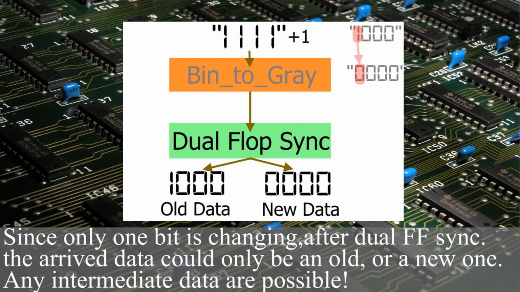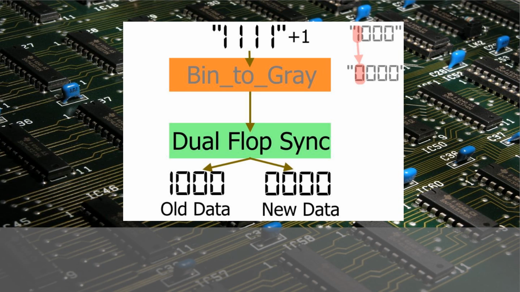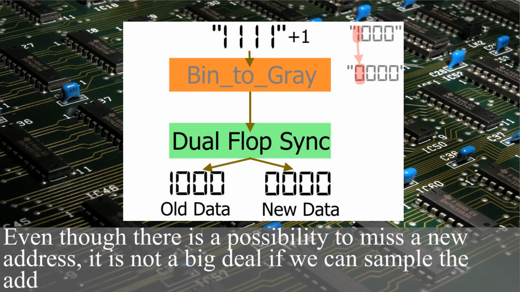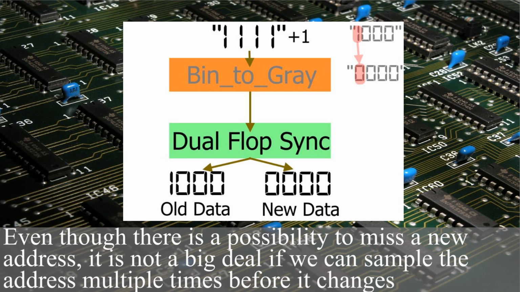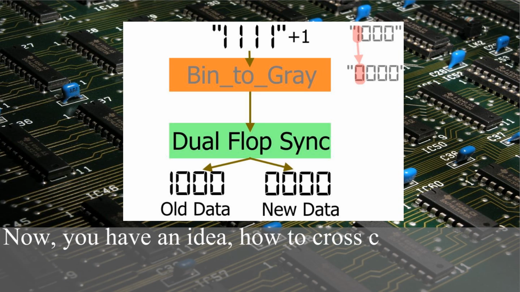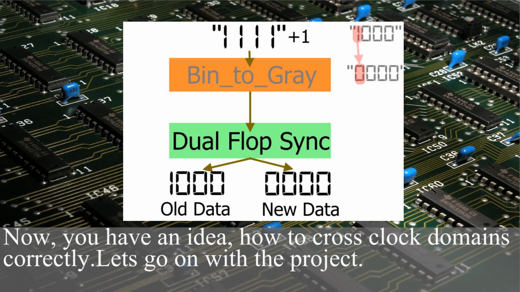No intermediate data are possible. Even though there is a possibility to miss a new address, it's not a big deal if you can sample the address multiple times before it changes. Now you have an idea how to cross clock domains correctly. Let's go on with the project.